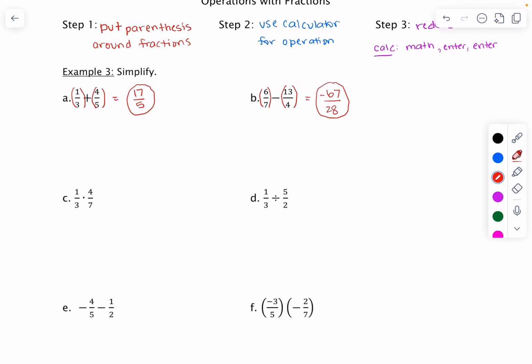Let's try multiplication. So we've got this little dot right here. Let me draw that a little better. That little dot right there means multiply. You're going to see that dot a lot. The steps don't change though. We're still going to put the 1/3 and the 4/7 in parentheses. Go to our calculator.